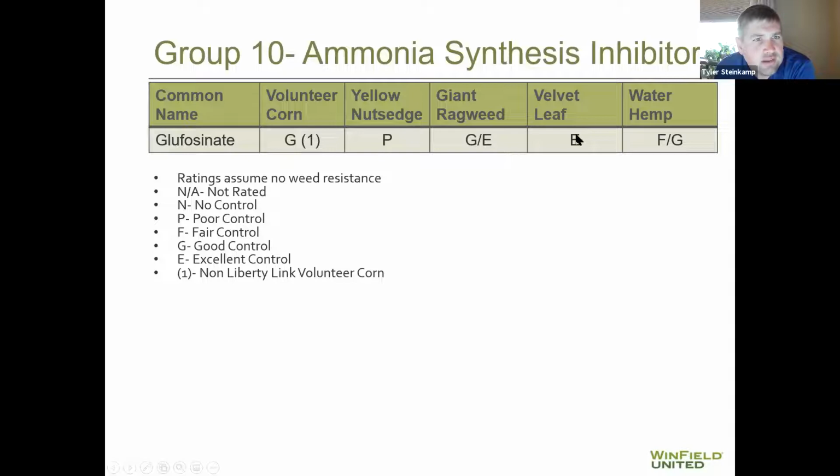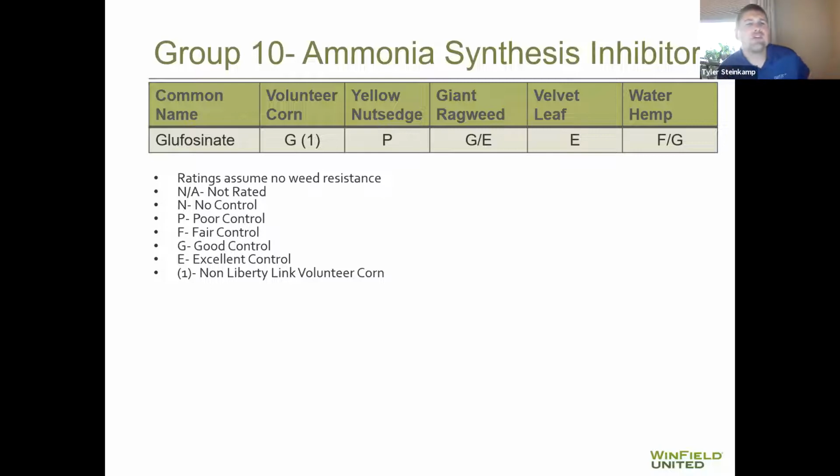Here are some of the ratings that we have for various weeds. I'm going to tell you that the grass control on Liberty is not great, especially perennial grasses. It's very challenging to get control with Liberty.